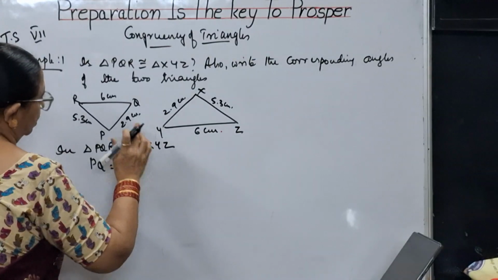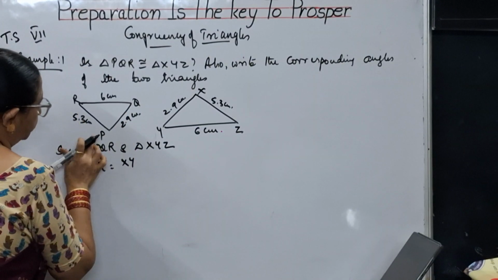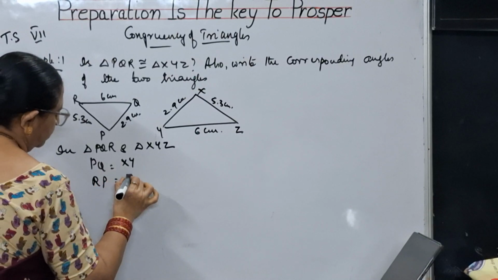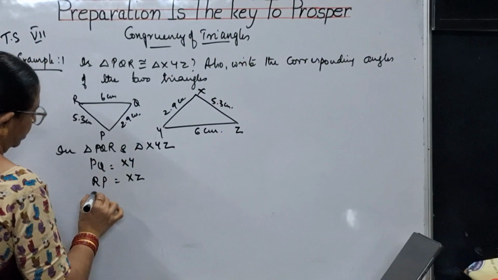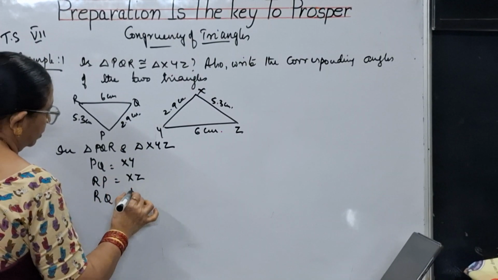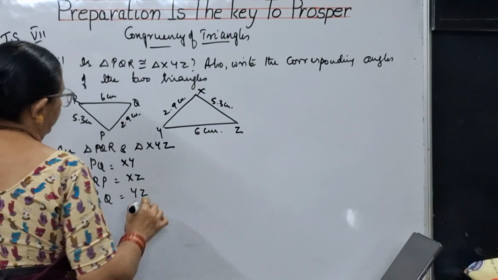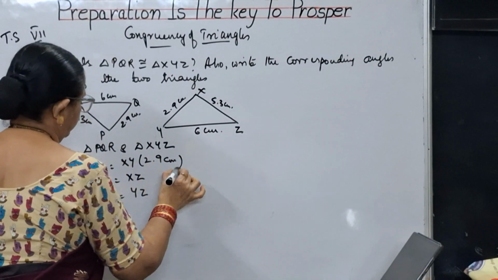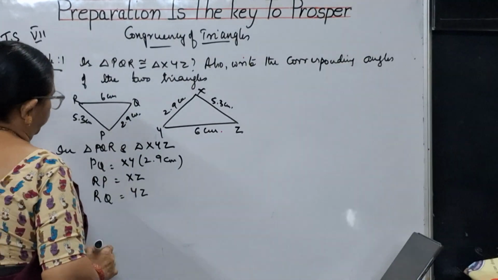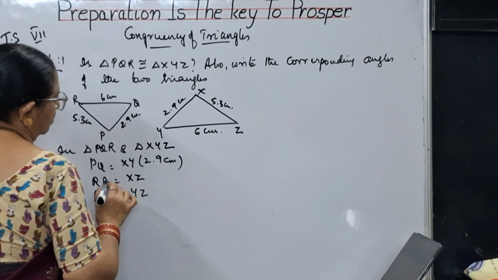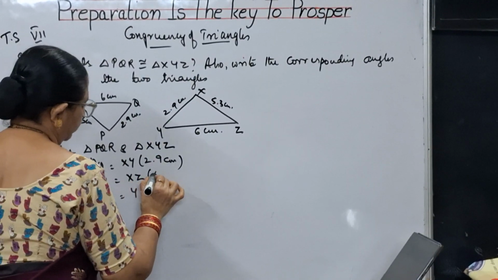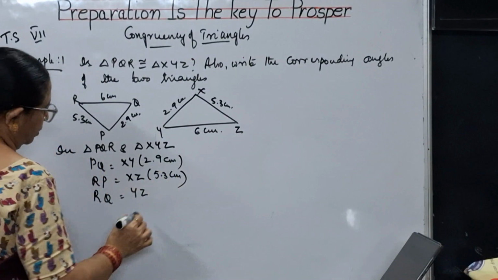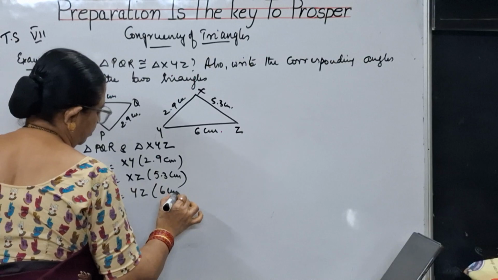And then RP is equal to XZ, and RQ is equal to YZ. Why? Because PQ and XY are measuring 2.9 centimeters, RP and XZ are measuring 5.3 centimeters, and RQ and YZ are measuring 6 centimeters.